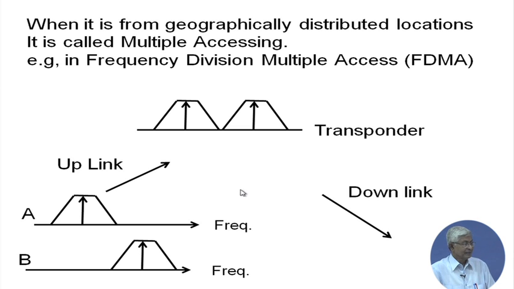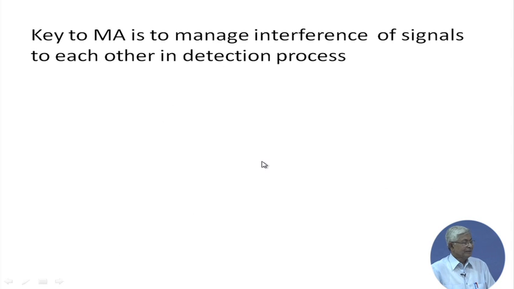Those are details, but this is the concept. Initially they transmit at different frequencies. When it reaches the transponder, it is multiplexed, coming down in a multiplexed form, like the interleaved form in the case of TDMA.